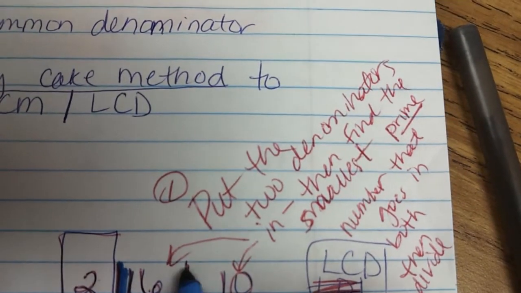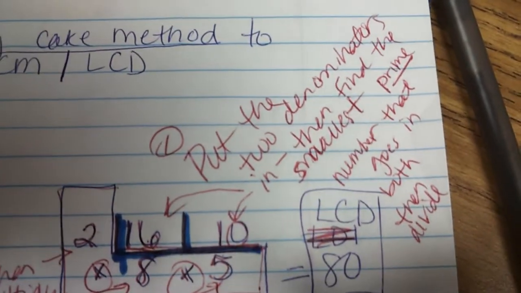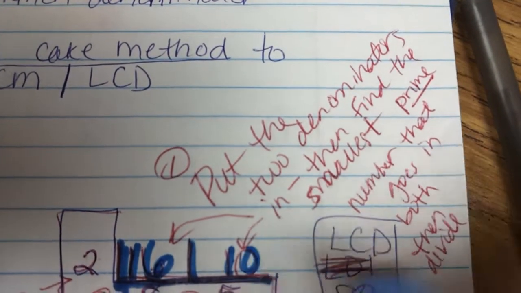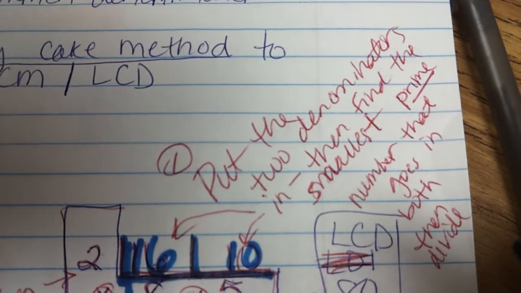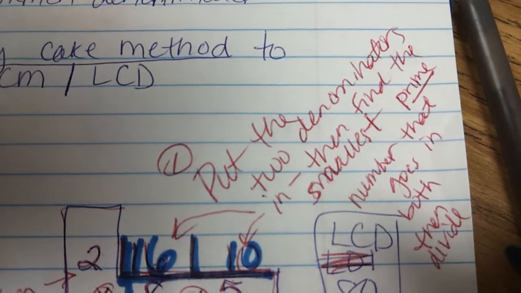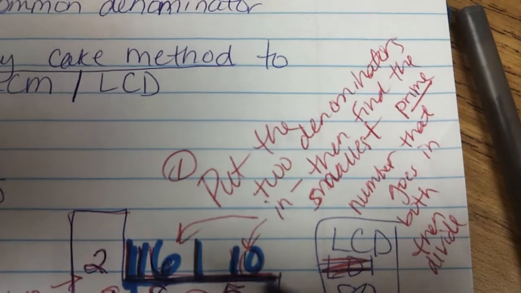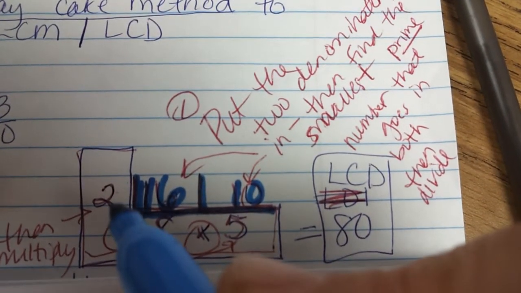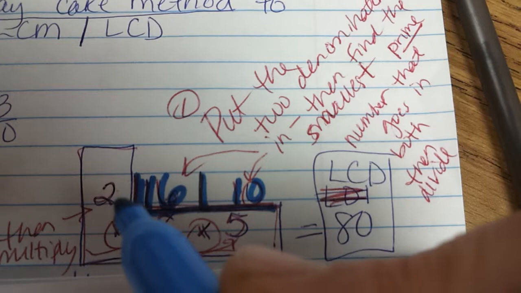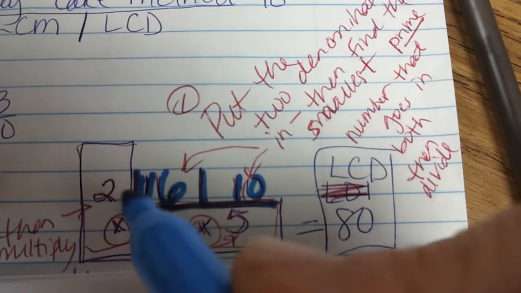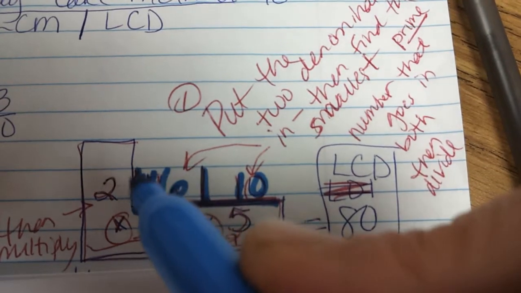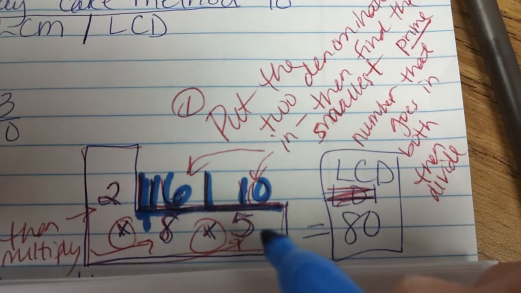Notice how it's kind of an upside down division problem. Here's my 16 and here's my 10. I'm going to look for the smallest prime number that goes into both 16 and 10 and then do the division. The smallest prime number that goes into 16 and 10 is 2. So I do 16 divided by 2, which gives me 8, and 10 divided by 2, which gives me 5.